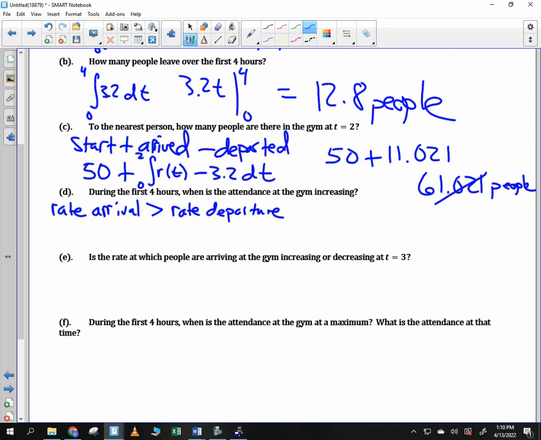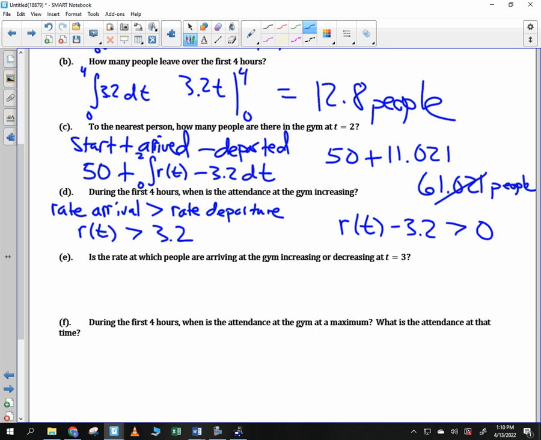Now let's go to the math. What do we have that tells us the rate of arrival? R of t. Greater than, what do we have for the rate of departure? 3.2. So we're wondering when is R of t greater than 3.2? And there's actually a really easy way to calculate this. Let's just do when is R of t minus 3.2 greater than 0?